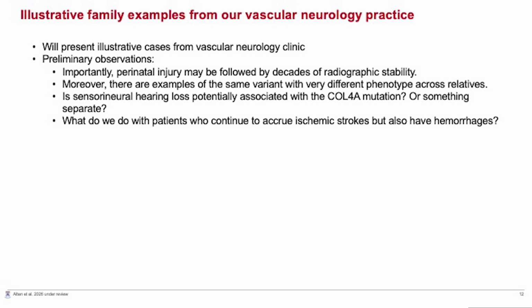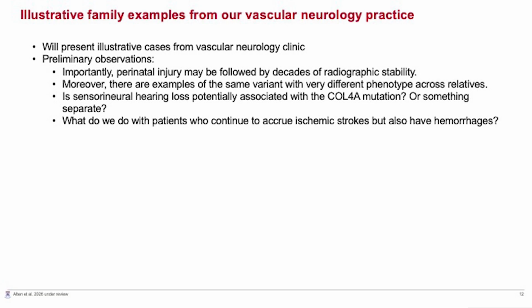One of the things that is interesting and I can't quite figure out is the range of presentations. You can have perinatal injury followed by decades of radiographic stability, meaning the MRI just hasn't changed at all. There's been no further damage, which is strange.